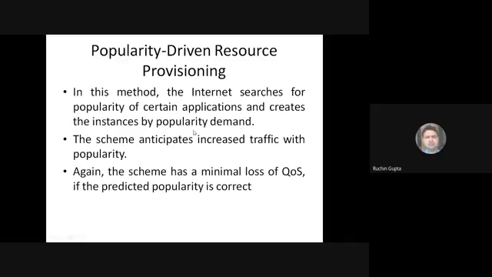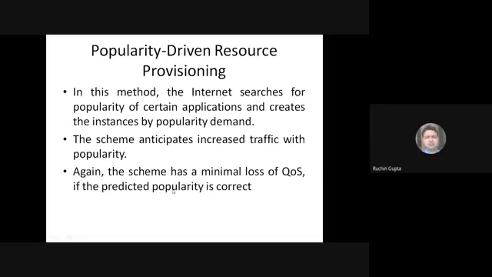So in this scheme also, it is determining the increased traffic with the popularity, and if the predicted requirement of the resources is correct, then of course the quality of service parameters are going to be very, very good.